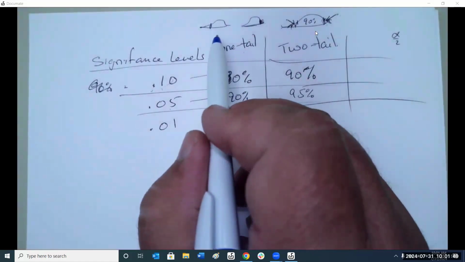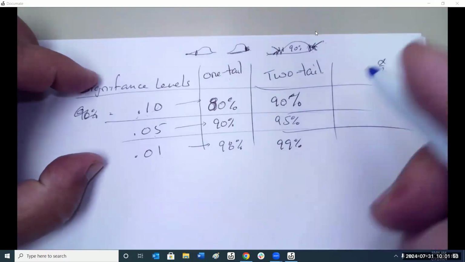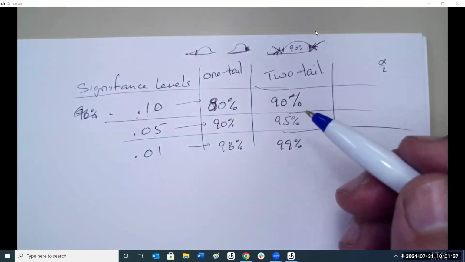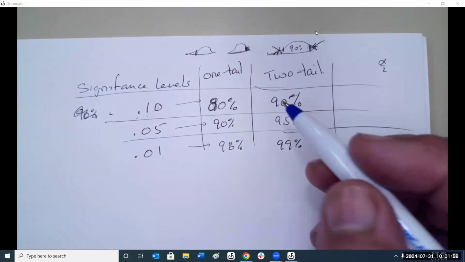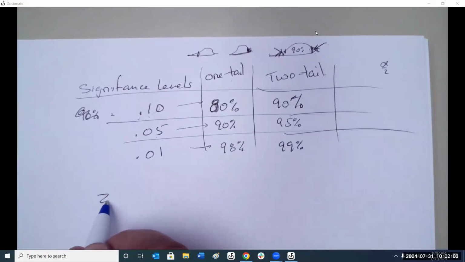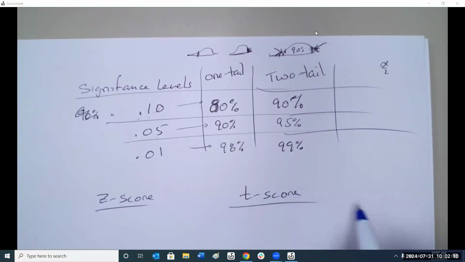That's now the rest. This is just standard now. And if we wanted to, we can go through and see what the z-scores and the t-scores are. Well, we can't do the t-score because of the difference between the z-score and t-score charts.